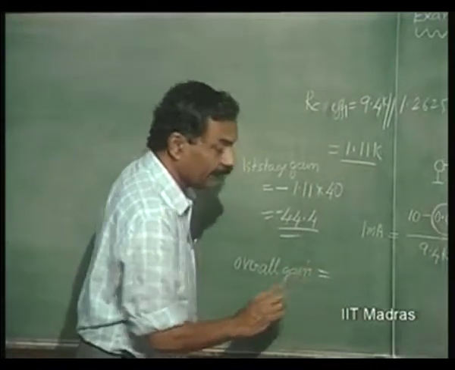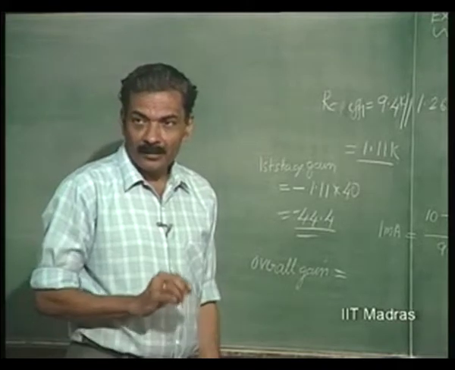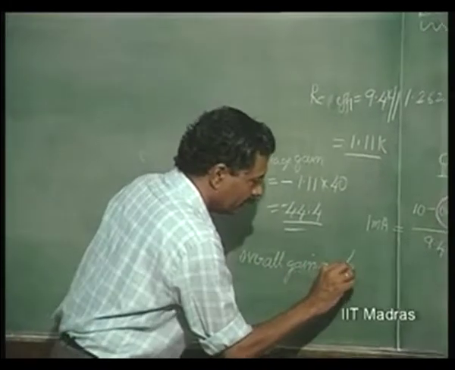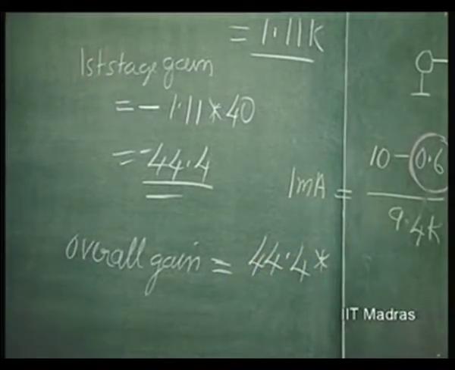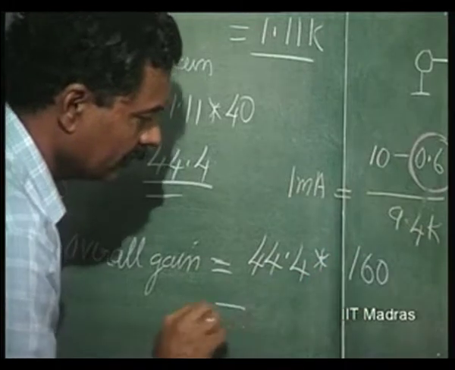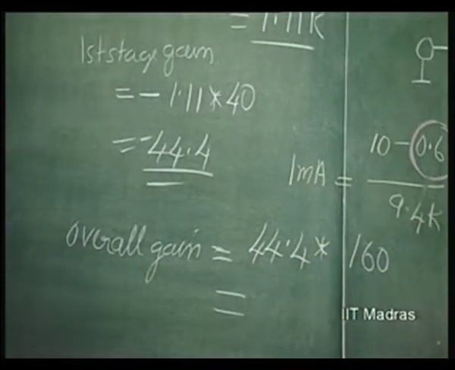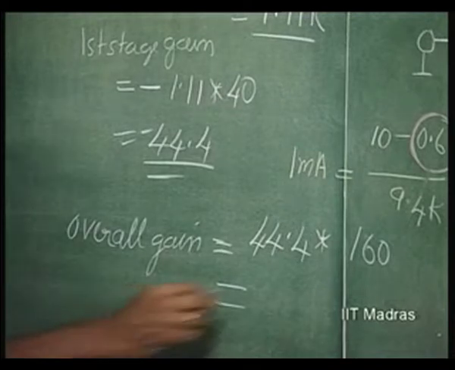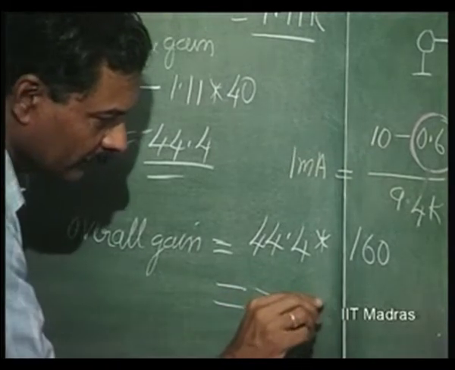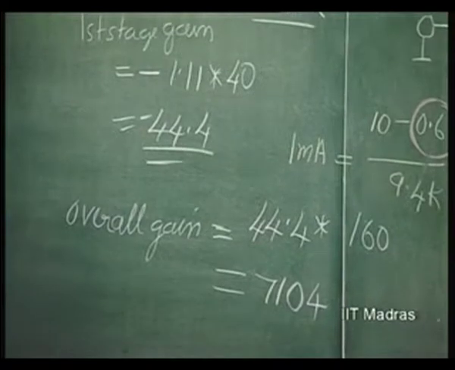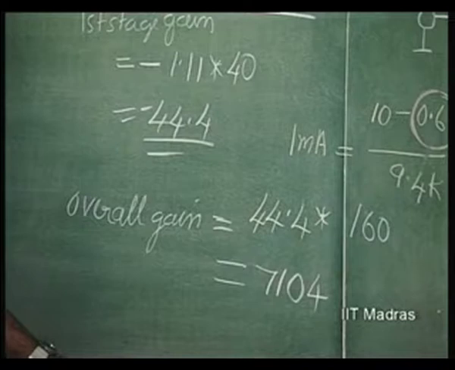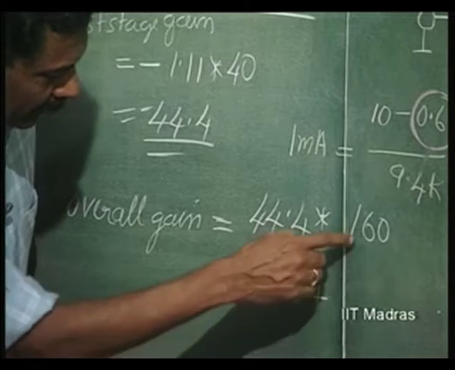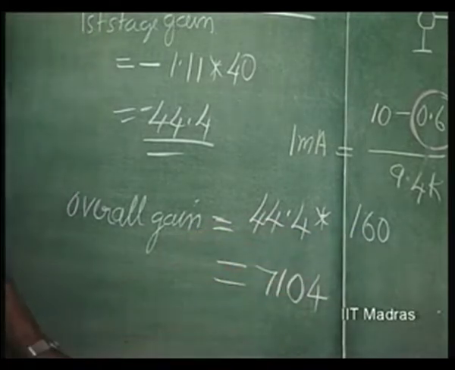That means there is no phase shift. This is a non-inverting amplifier. So 44.4 into 160 is 7104.